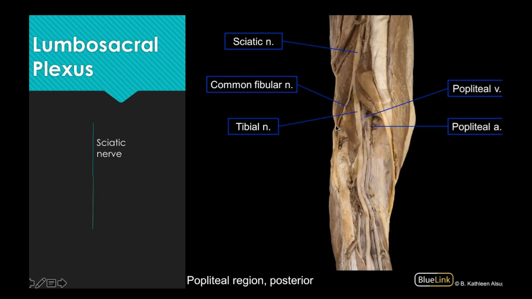So you would draw another line down as your tibial nerve and another line moving laterally, that would be your common fibular nerve. You may have also heard this called the common peroneal nerve. Peroneal is an older term, whereas fibular is a newer term, but you should know both as both are used in practice.